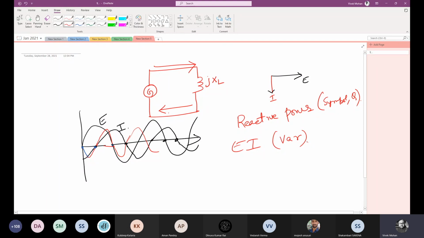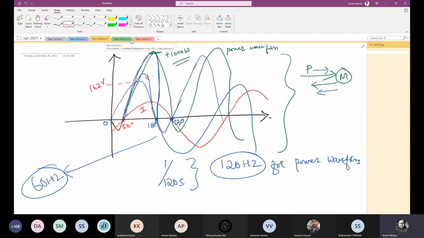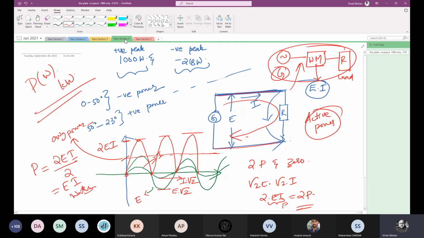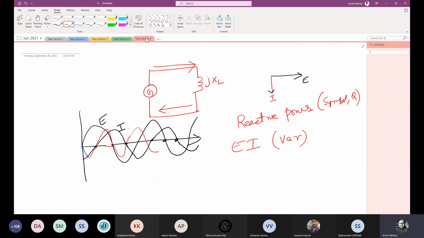Now, how will you represent reactive power with respect to vector? Previously I was keeping a watt meter. Instead of that, I'm keeping a var meter here, and I just want to measure my reactive power only.